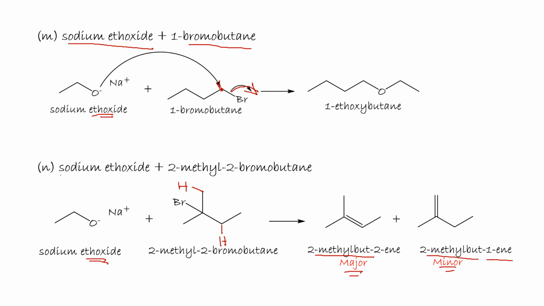Why is that? The more substituted alkene is more stable. This is a trisubstituted alkene, and this alkene is disubstituted. Which one will be more stable? Of course, the trisubstituted. That's why it's expected to be the major product.